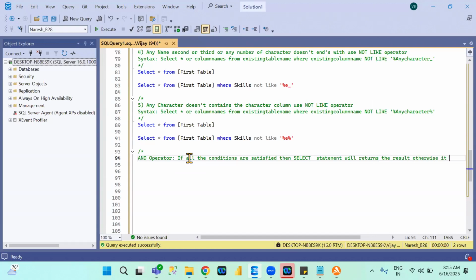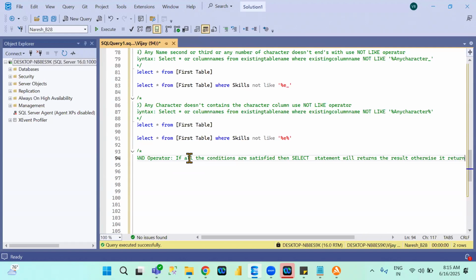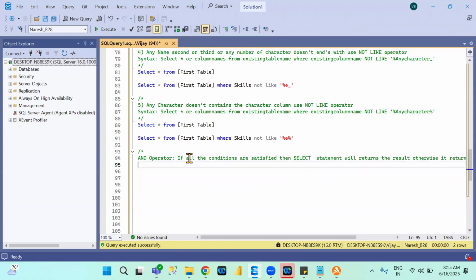Otherwise, it returns the structure of the table. Understand clearly? Is that clear?